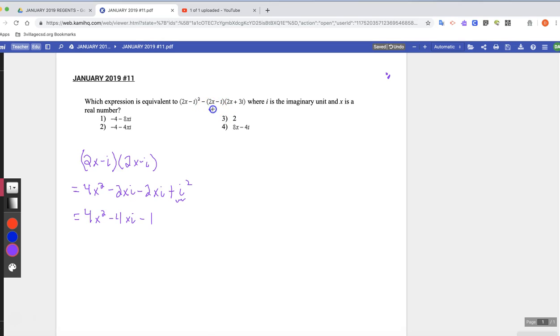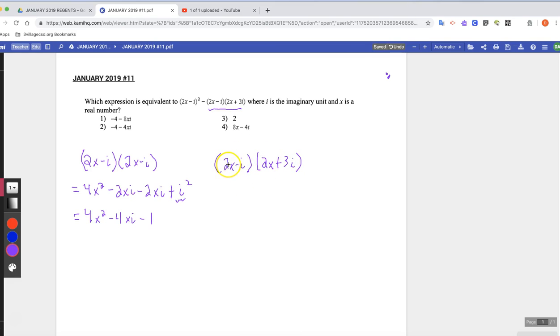Now let's try to simplify the other binomial expression that we have here. So we have 2x minus i being multiplied to 2x plus 3i, and we'll just FOIL this out, distribute this out, to see what we get.